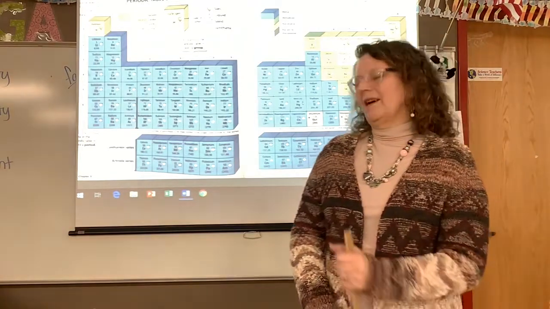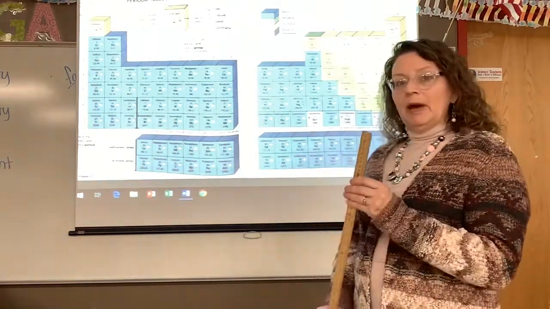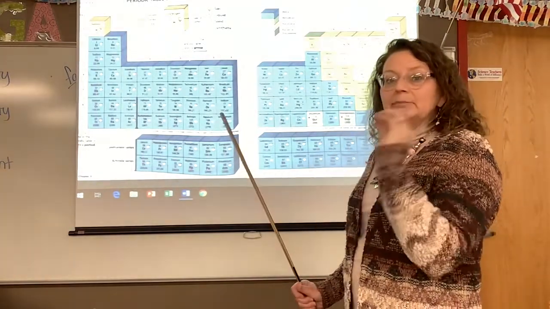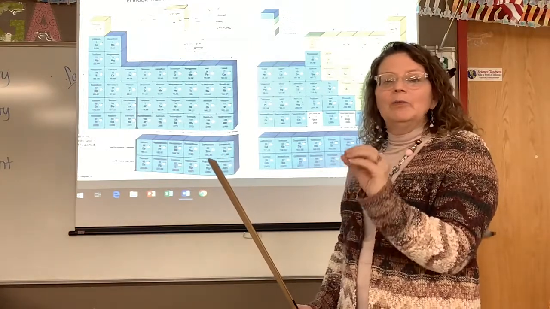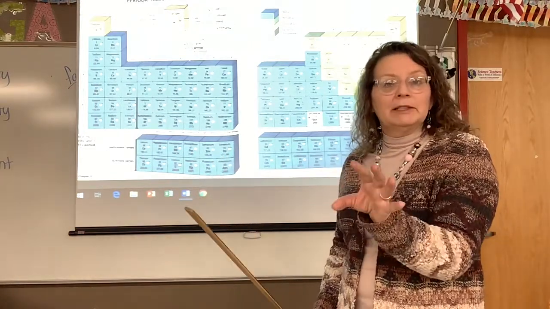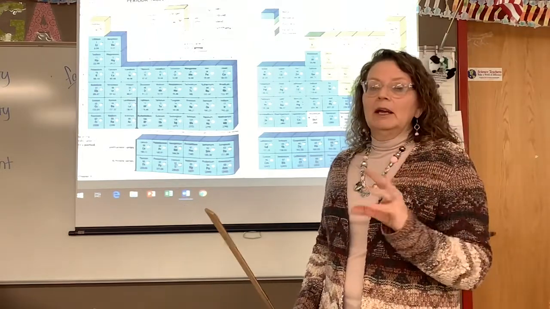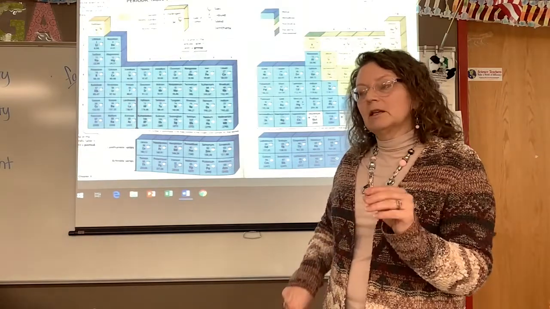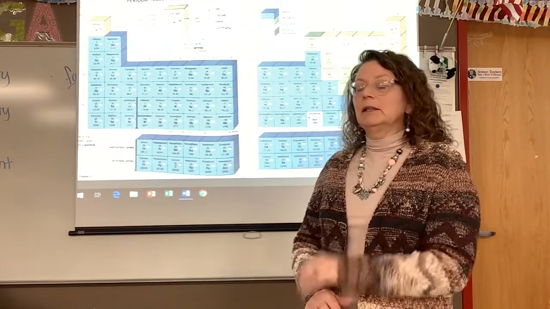The most abundant metalloid is the semiconductor silicon. We've talked about silicon, but I'm reminding you, silicon is the most abundant, and we use it a lot. And we don't just use it in our electronic devices. It's in the formation of sand.